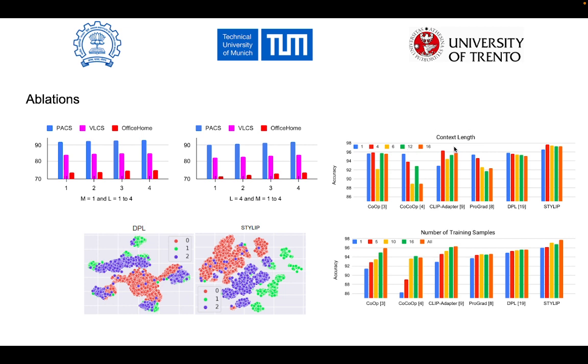Then we took the context length into account for generating the prompt embeddings, and how it can be altered to get better domain generalization or classification. Finally, we took the number of training iterations into account, and STYLIP continuously improves over the iterations compared to the different methods.